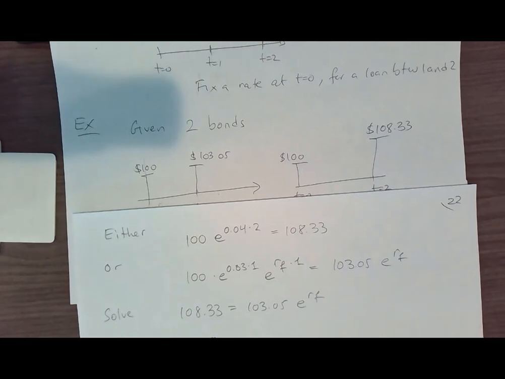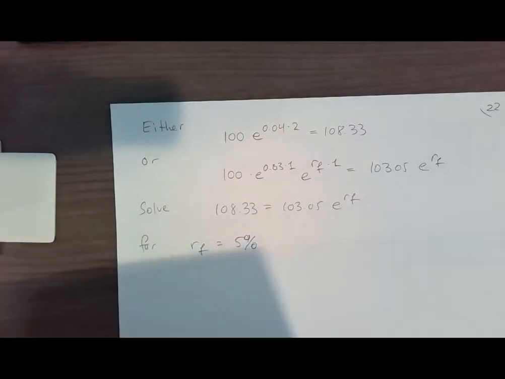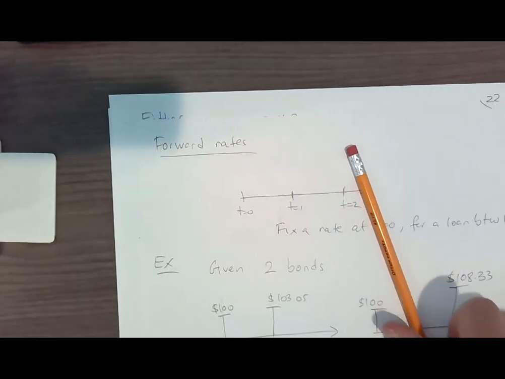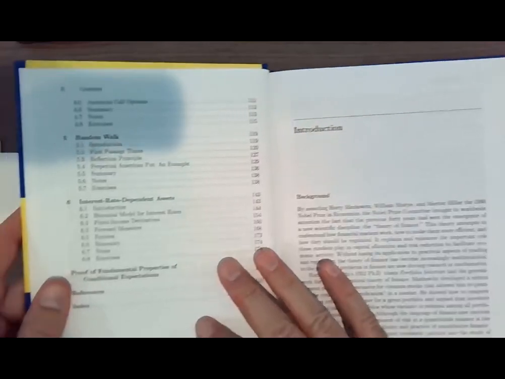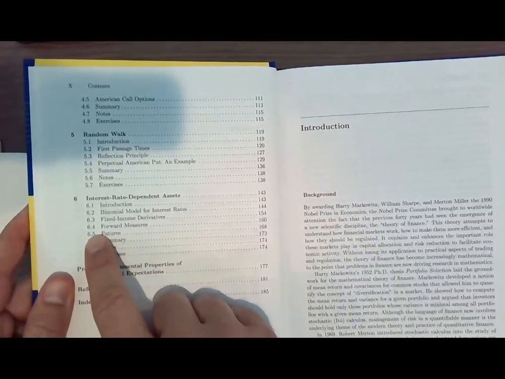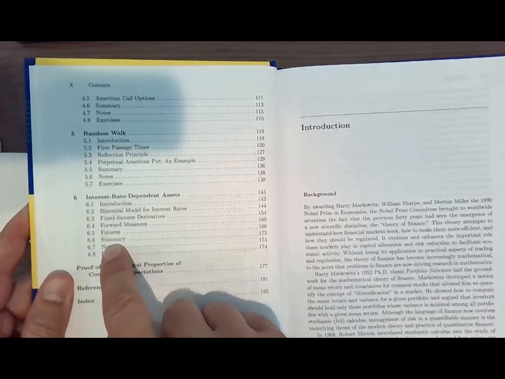The final thing in this chapter that people care about is, again, forward rates. We will see forward rates when we get going. You can see there's something with forward measures, futures.